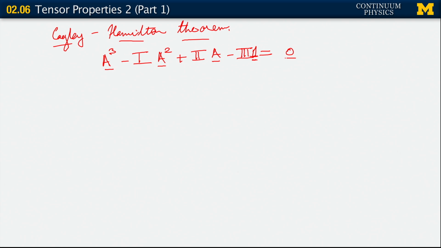This essentially tells us that a tensor A satisfies its own characteristic equation.